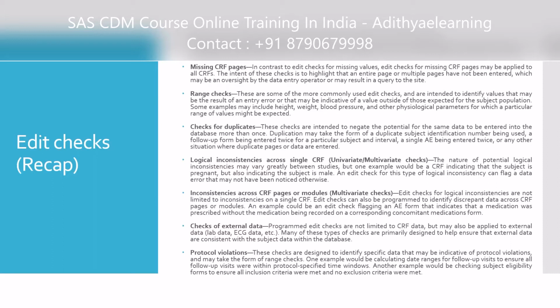Another check could be that the end date should not be prior to the start date. That is two variables they're checking, in the same form. So it could be logical inconsistencies across a single form. It could be univariate, as I said, the pregnancy example, or multivariate, like the example of an AE with an end date or a start date.